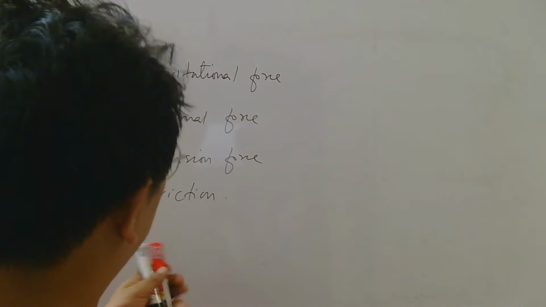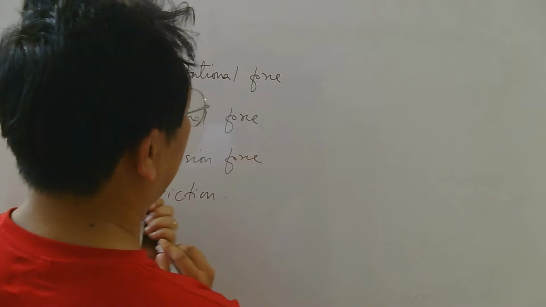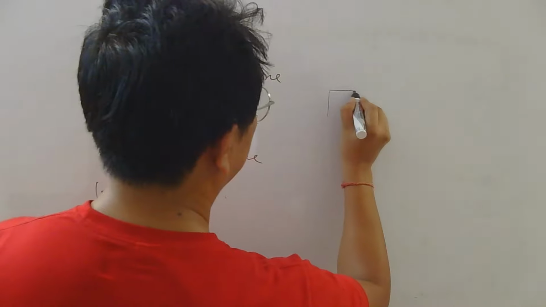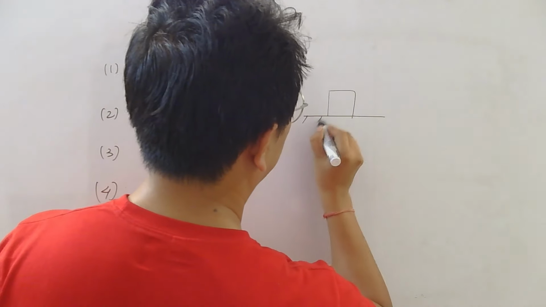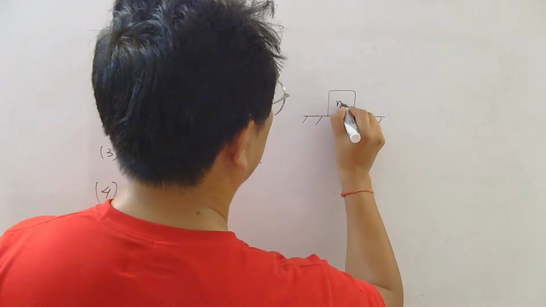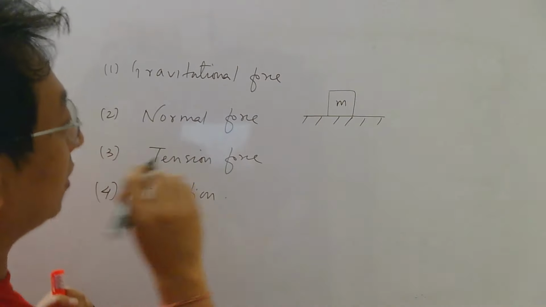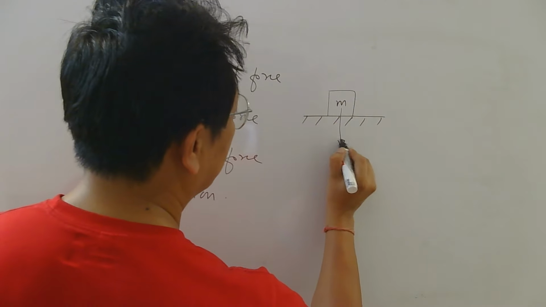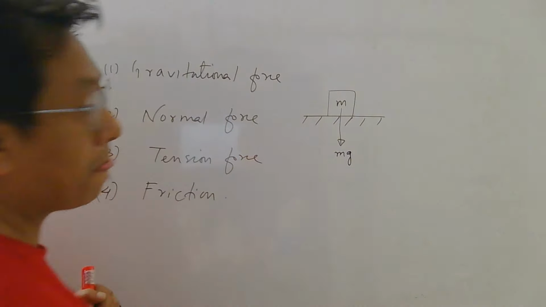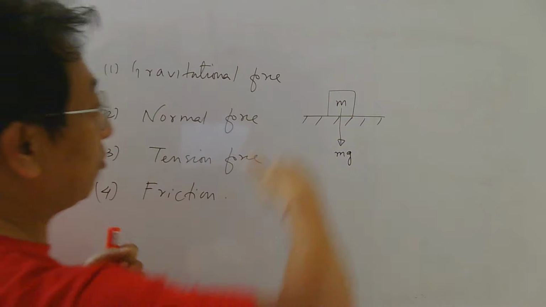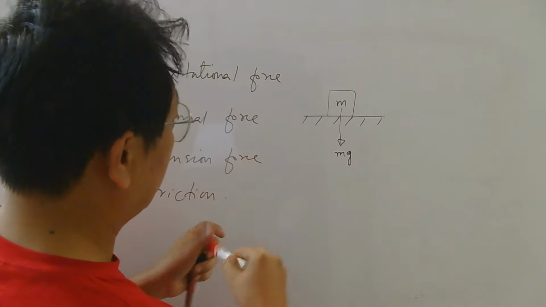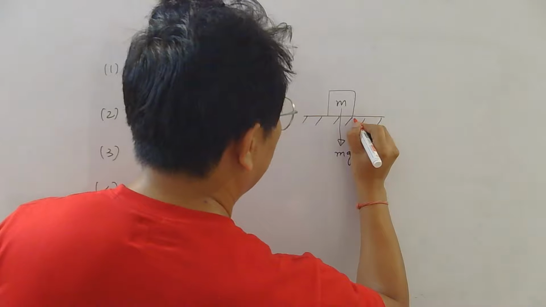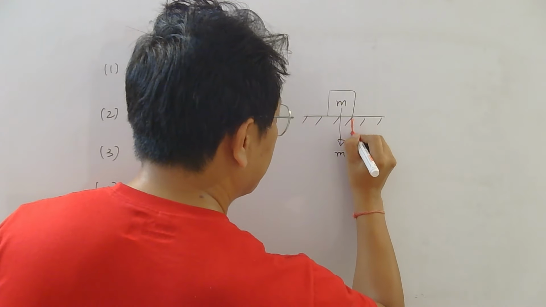Now normal force is what? Imagine there is an object which is on a floor. If the mass of the object is m, just now we learned there is a gravitational force mg downwards. Now because of that, it will push the floor down. So the floor will feel a push downwards.